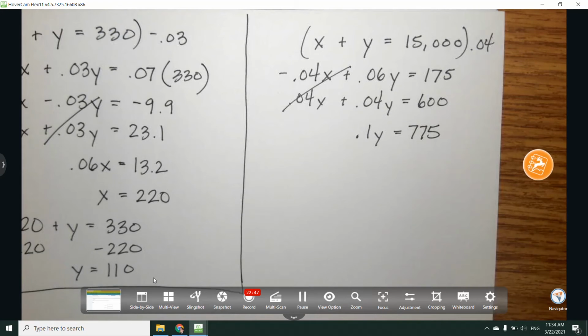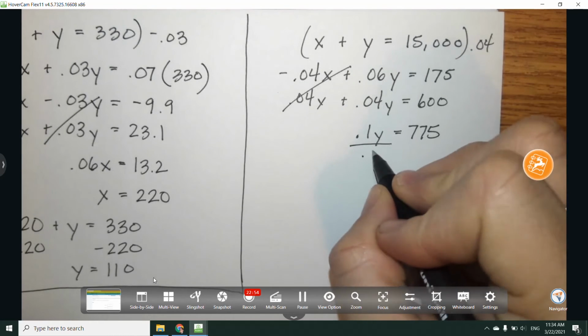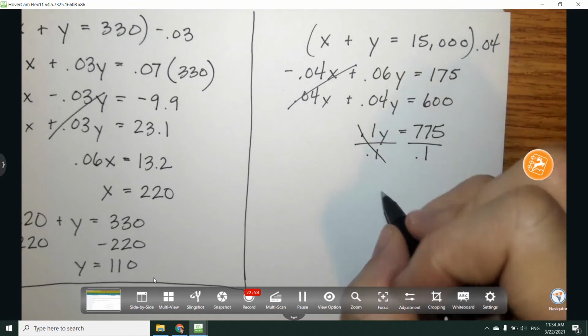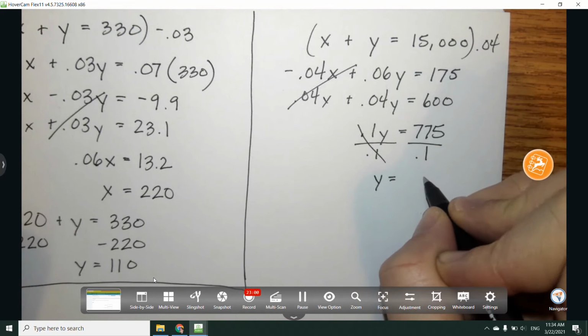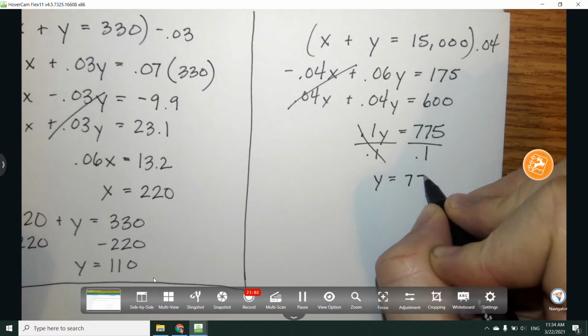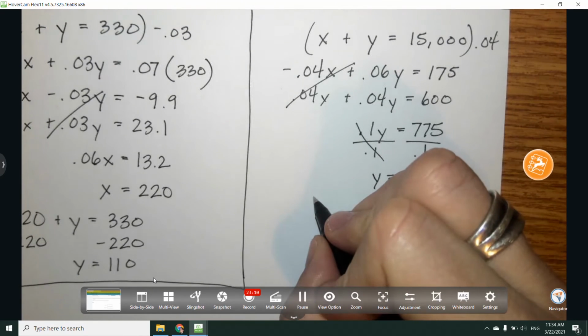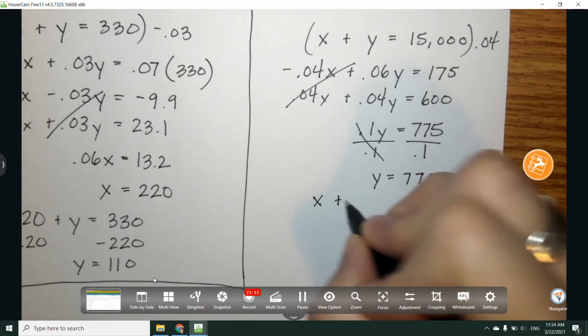And we're going to take that 775 and divide it by our 0.1. And so y equals 7,750. Plug that into this equation.